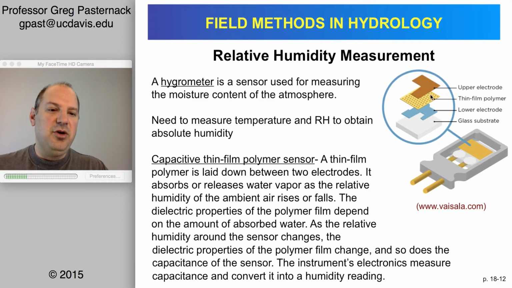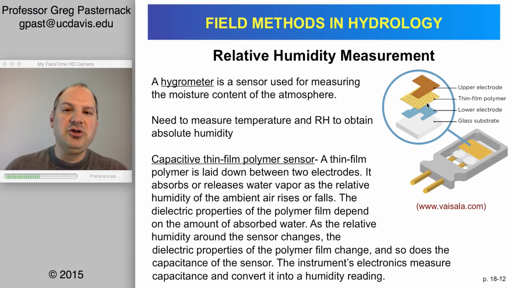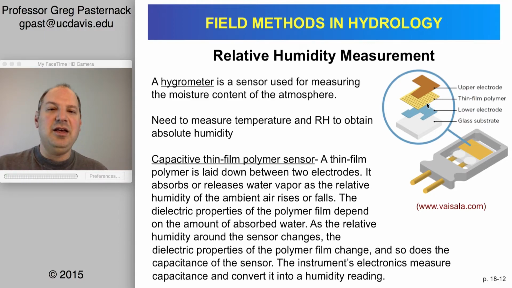You can imagine that if it gets wetter or drier, then the electrical process between the electrodes is going to vary depending on that moisture content, because, as I already said, the flow of electrons depends on the medium around it. In fact, there's something called the dielectric property, the dielectric constant, of what's around it.